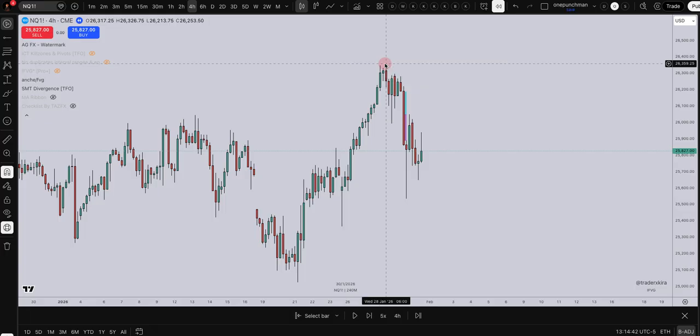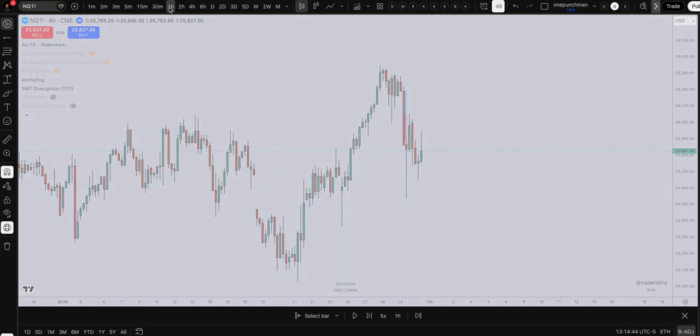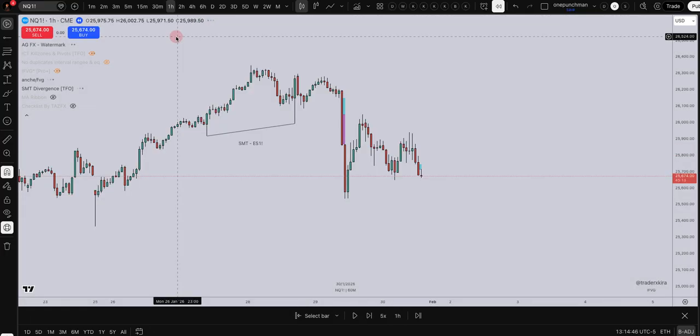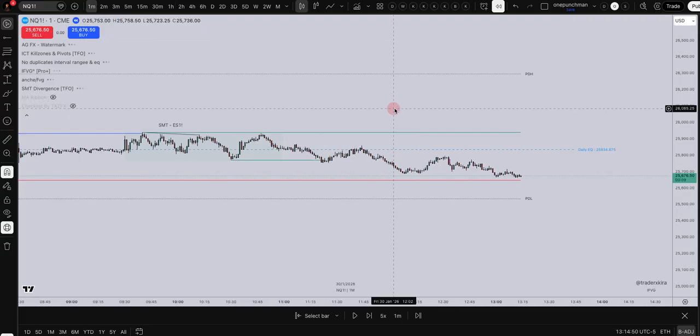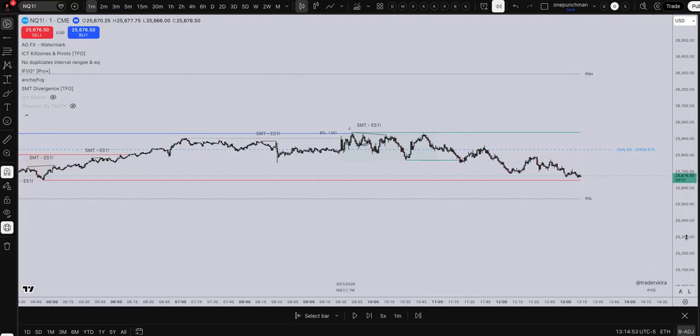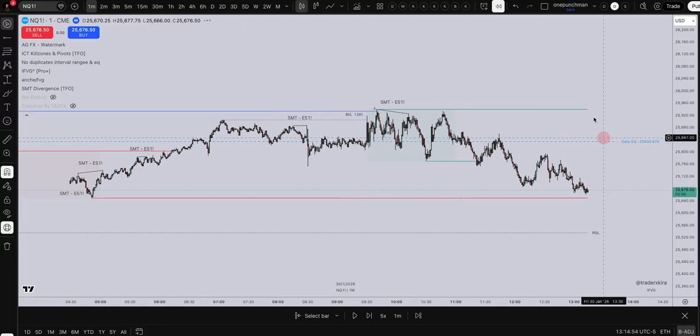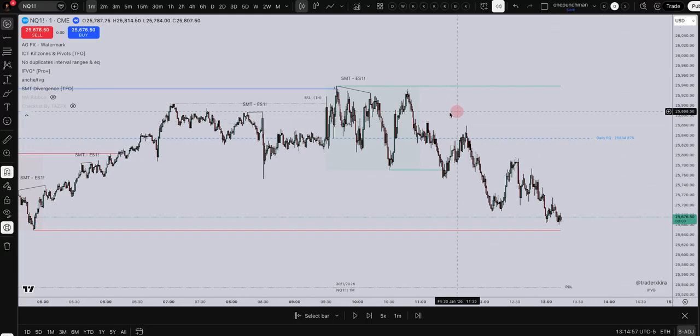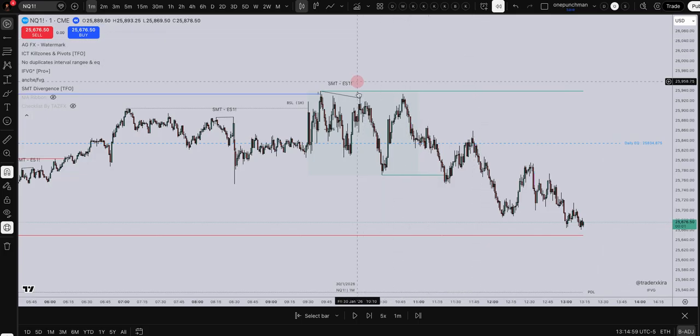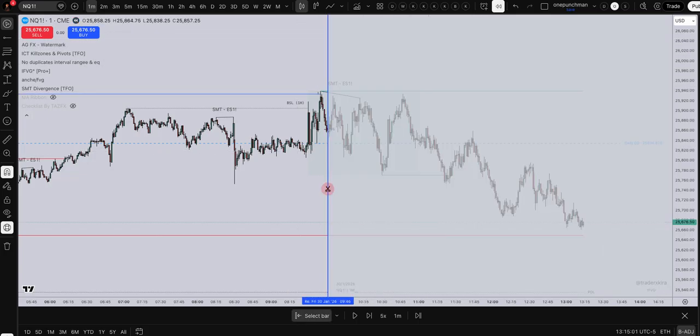But for the sake of what we're doing right now, I'm just going to let this thing play out for a sec. Basically, I'm trying to show you the first trade, which was off of the Asia high. So it was right about here.